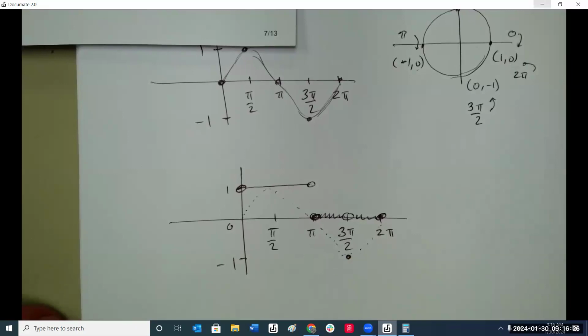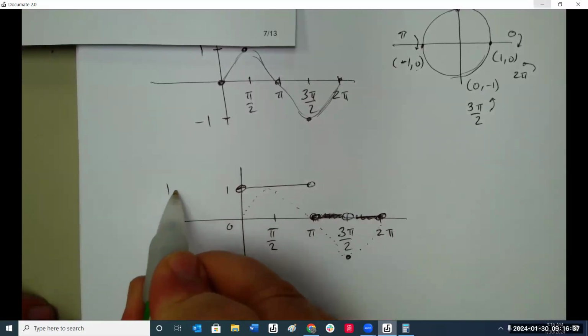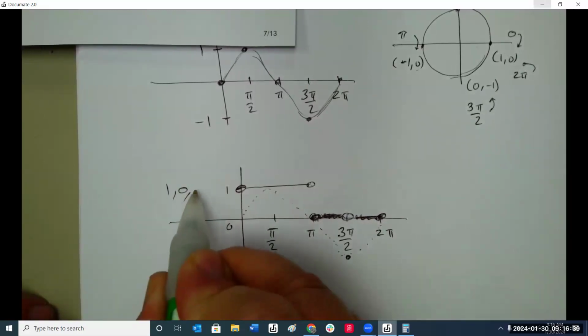So the graph itself is either 1, 0, or -1.